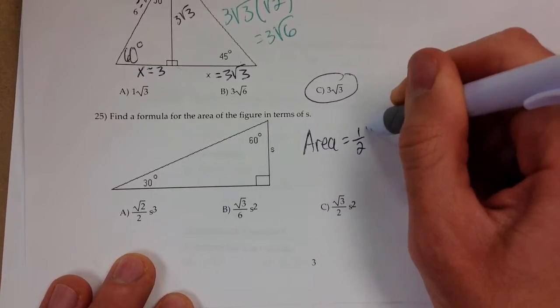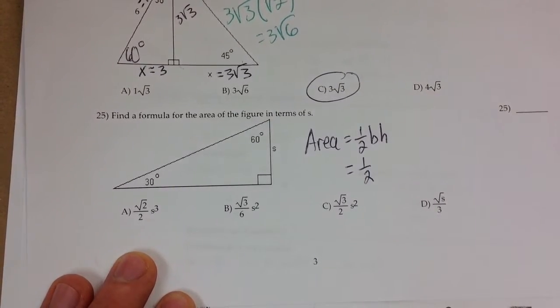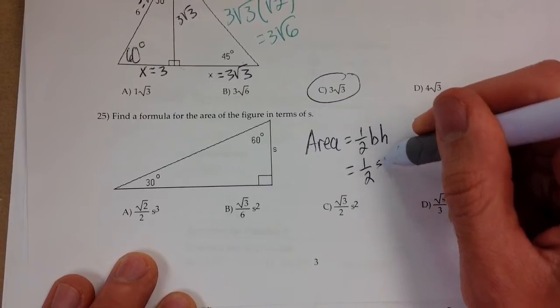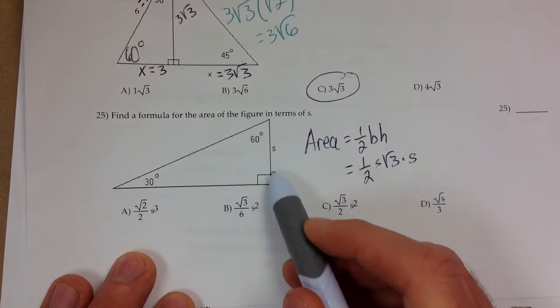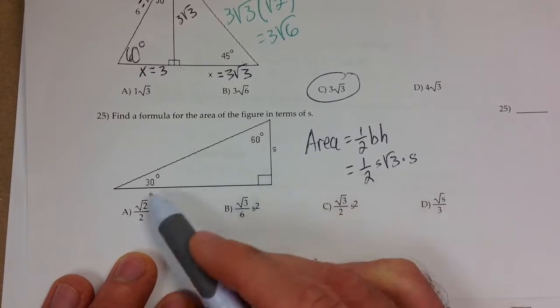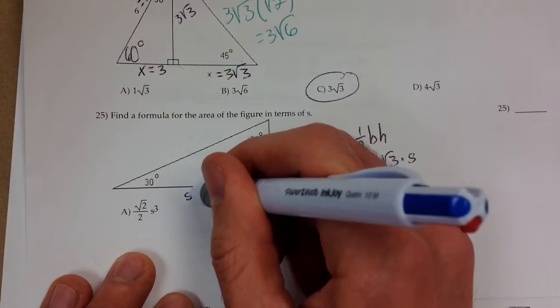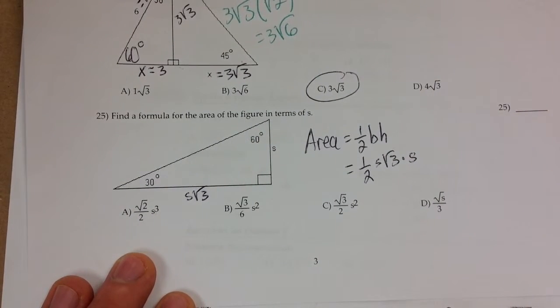So it'd be 1/2 s root 3 times s. In this case, the height of our triangle is S. The base is going to be root 3 times S, because it's the 30, 60, 90.